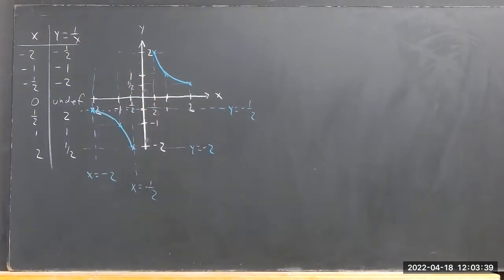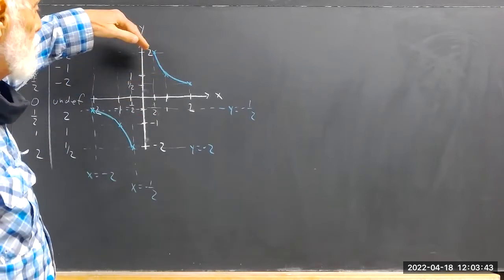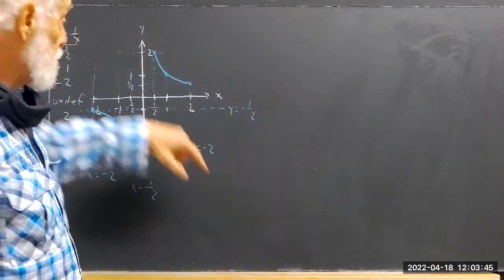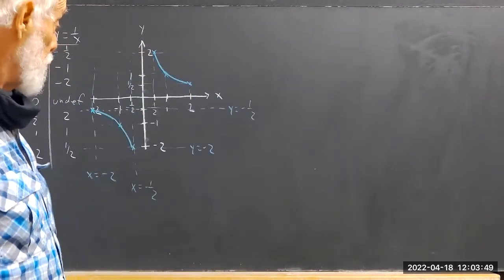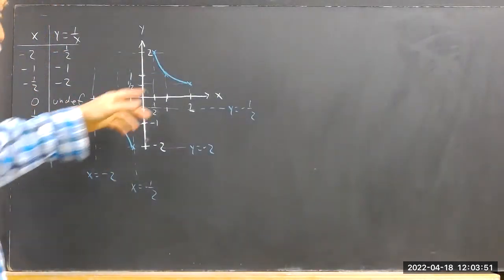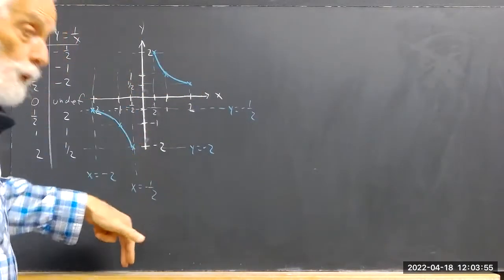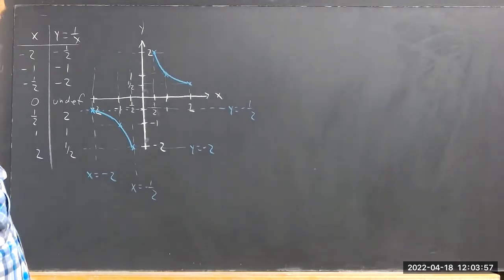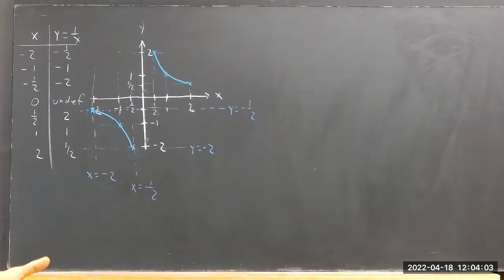Now, because you're going to see it in your Open Math assignment, the graph keeps getting closer and closer to the x-axis. So you have what you call an asymptote at the x-axis here, and an asymptote on this side, and you have an asymptote to the y-axis up here, and an asymptote to the y-axis down here. The asymptote comes about because of what I was talking about when you divide by 0, a number close to 0.